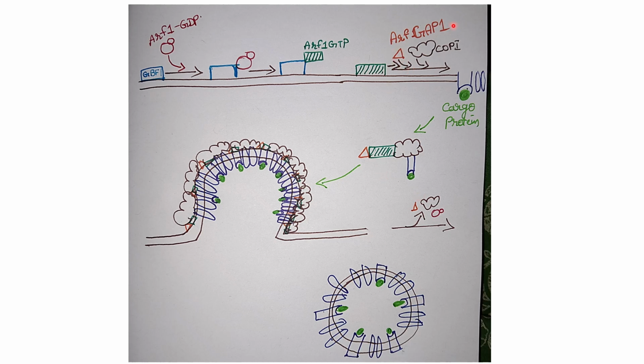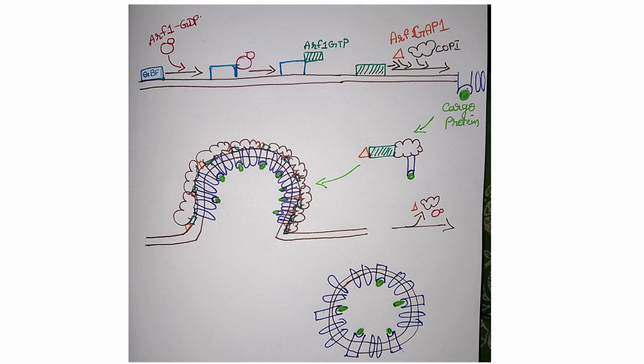ARF GAP1 will be released, COP also will be released, and ARF1 GDP will come back to its original conformation. All these things will be released and your target protein will be bound to the vesicle for going and fusing with the target membrane. So these are the first stages of vesicular transport.